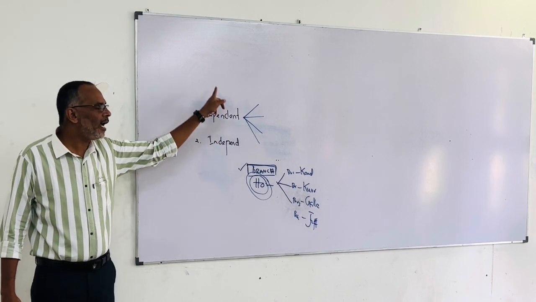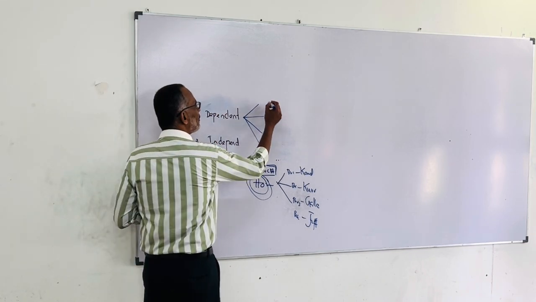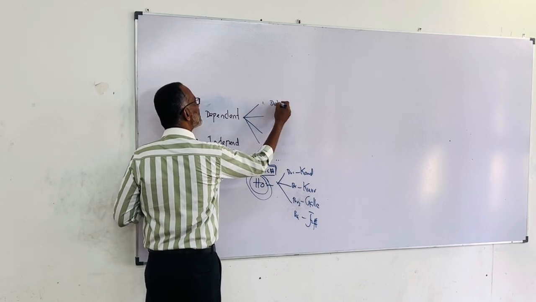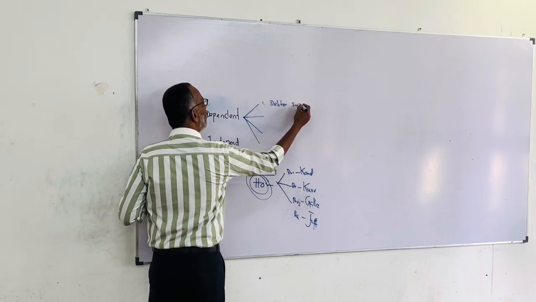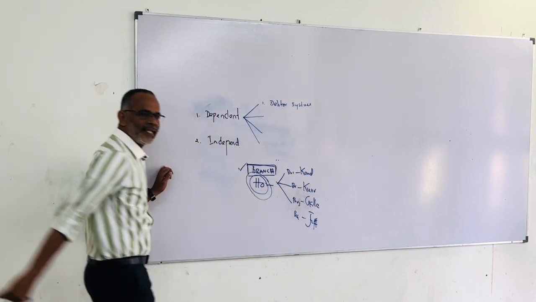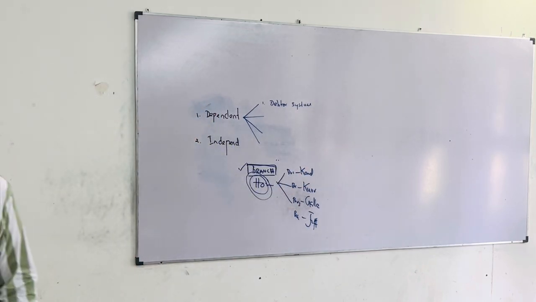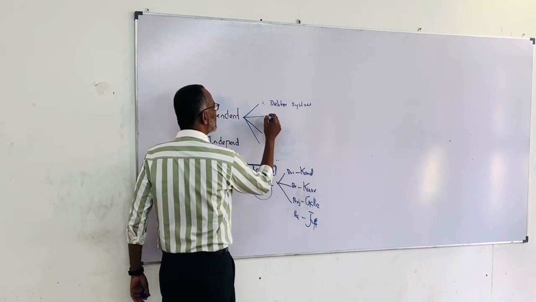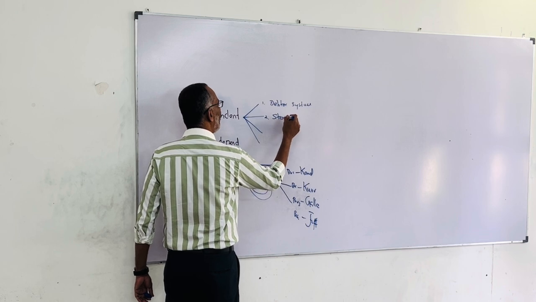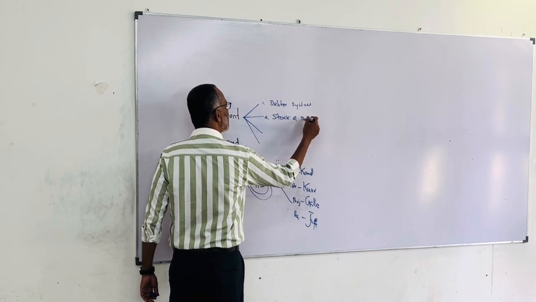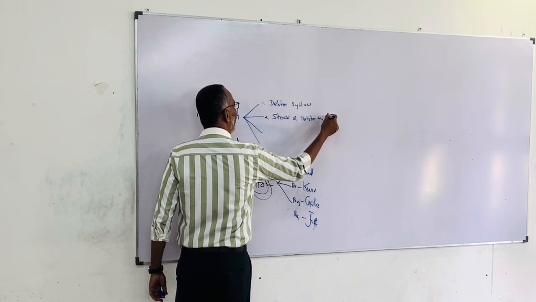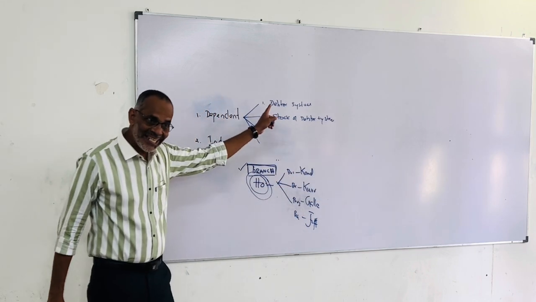dependent branches. There are 4 types. Number one is called what system? Debtor system. Under the debtor system, HO will prepare the accounts for the dependent branches. The second method is the stock and debtor system. Number one is what system? Debtor system.